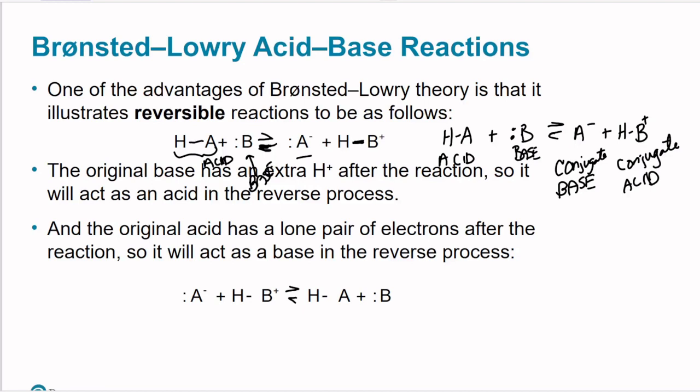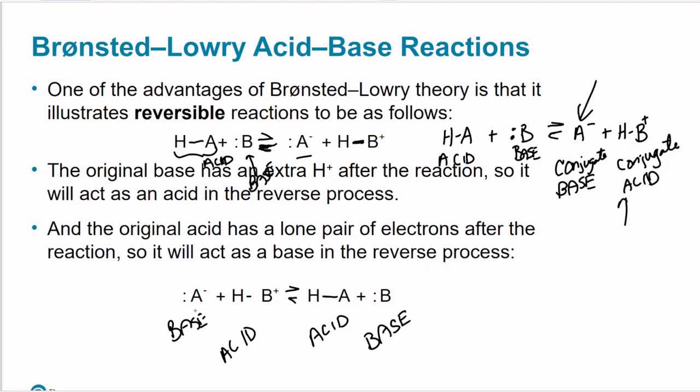So notice here that we could write our reaction the other way. If we wrote our products as reactants instead, we would have this conjugate base over here. This would be our base now. And our conjugate acid over here, this would be our acid. Yields, and on the right we would have HA as our acid and B with the lone pair as our base.